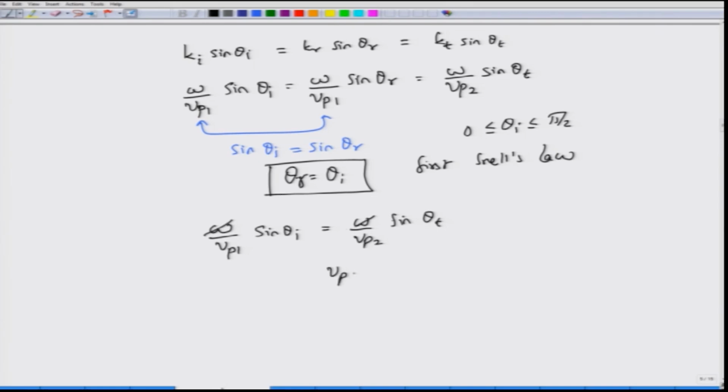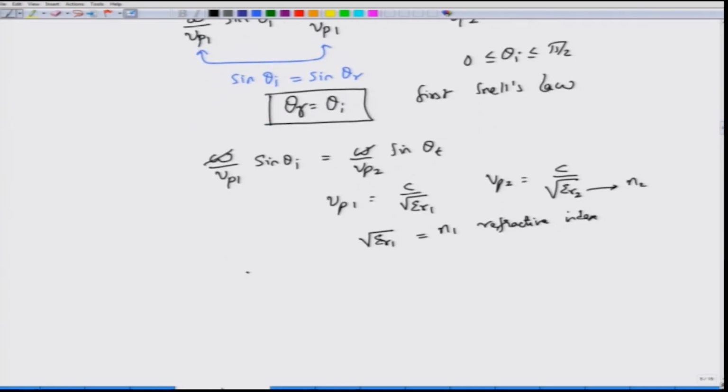Since the phase velocity in region 1 is the velocity of light divided by square root of epsilon r1, and velocity in region 2 is c by square root epsilon r2, and recognizing that square root epsilon r1 is actually the refractive index n1, and square root epsilon r2 is the refractive index n2, what you get here is n1 sin theta i is equal to n2 sin theta t.